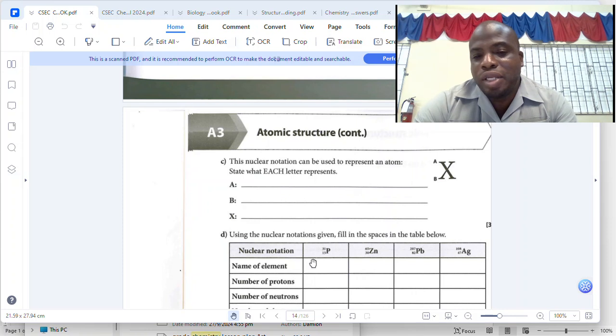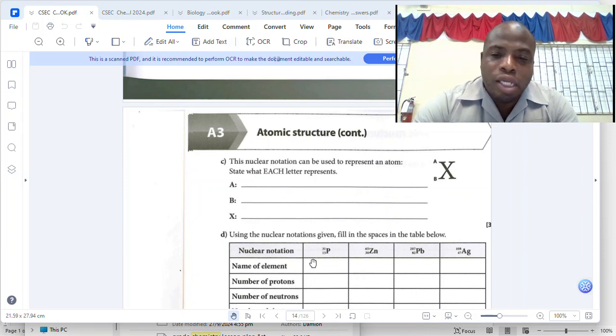That influenced the symbol. No two elements have the same symbol. And this is very important: if an element has one letter representing its symbol, that letter, when you're writing it, should be a capital letter.